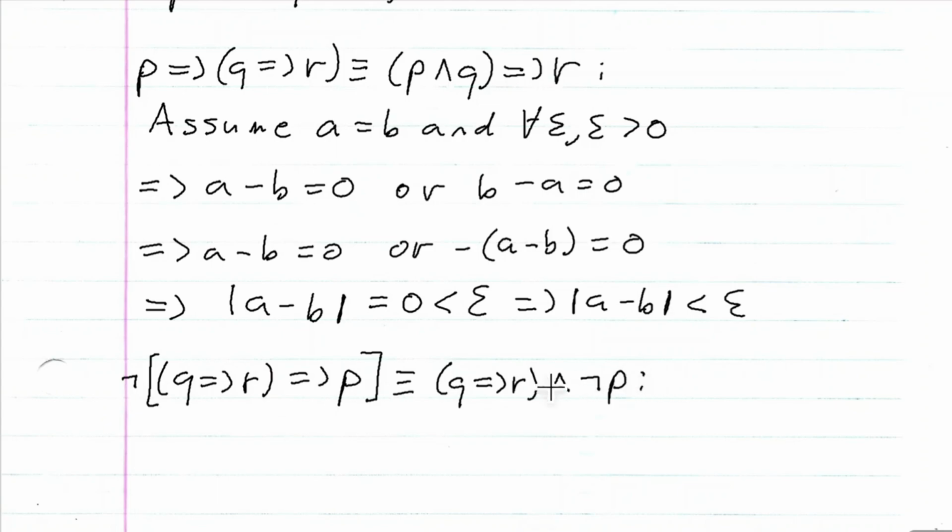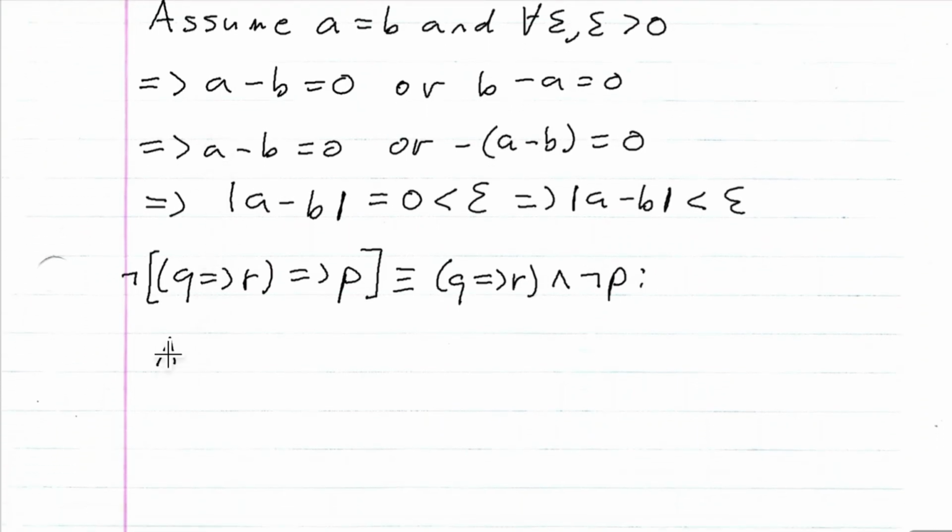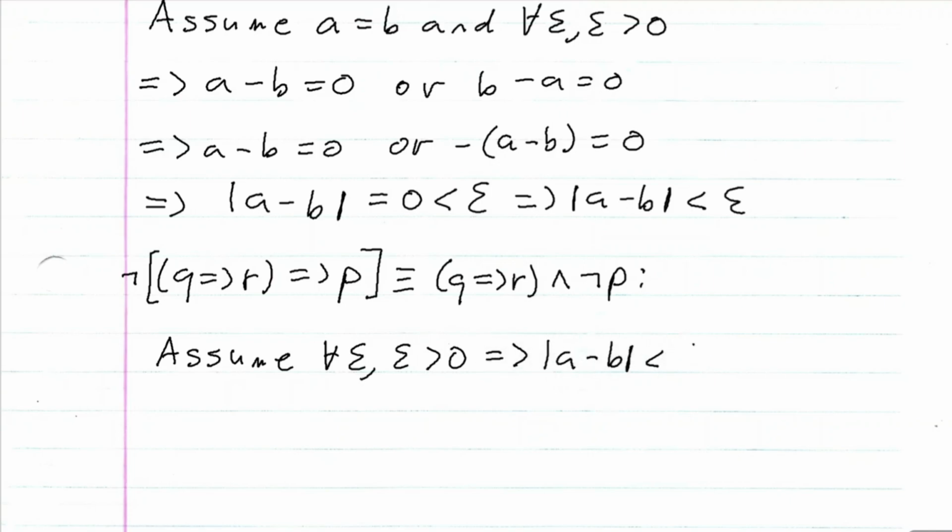Okay, so Q implies R, so we're going to assume that for every epsilon bigger than 0, the absolute value of A minus B is less than epsilon.